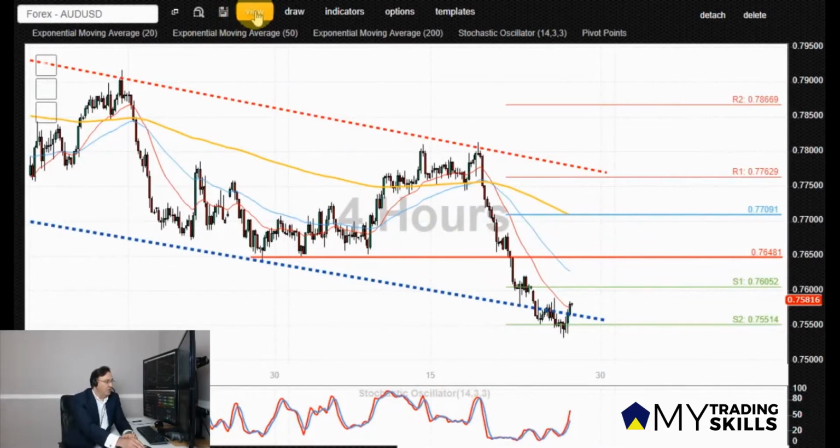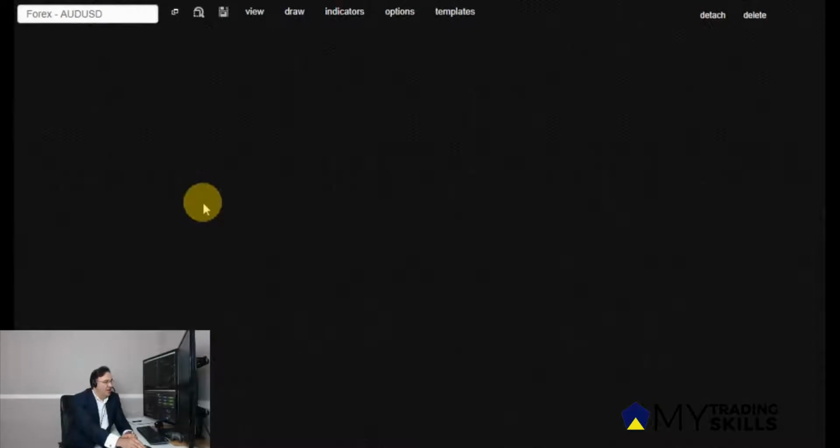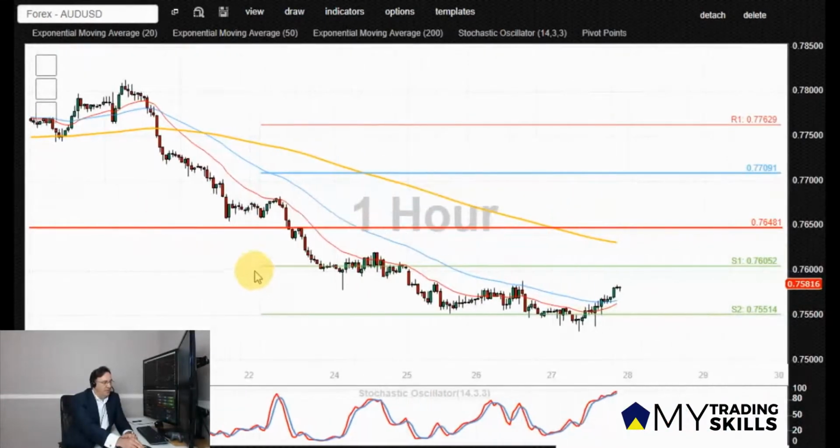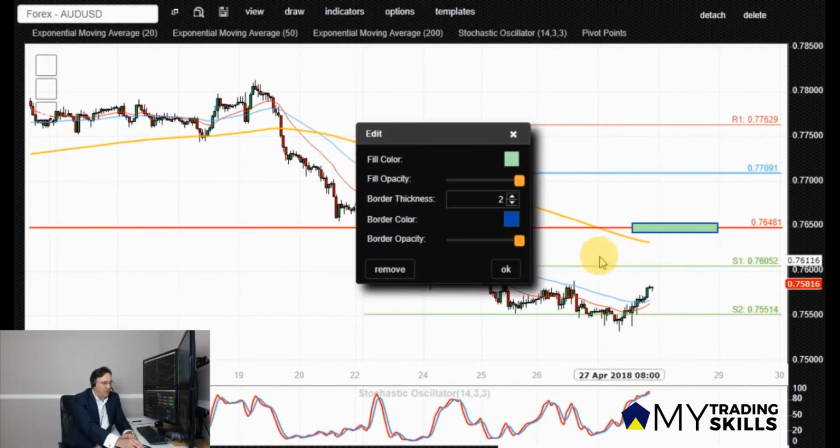If I go into my 1 hourly time frame price action, as a trader who is looking to trade in the direction of the prevailing trend, it would be logical to assume that 76.50 would be the first level of interest from the bearish point of view.